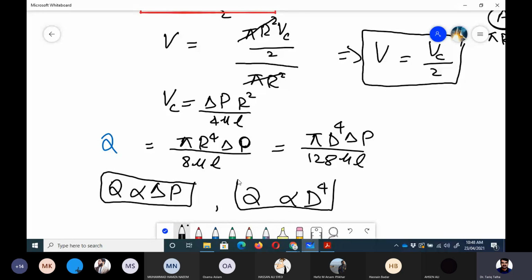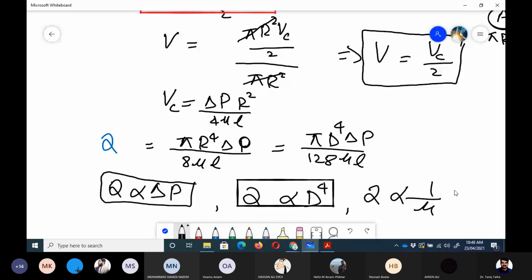It means that if we increase the pipe diameter by 2 times and keep other things constant, then the volume flow rate would be increased by 16 times, not twice but 16 times. And the third thing it tells us is that Q is inversely proportional to mu.